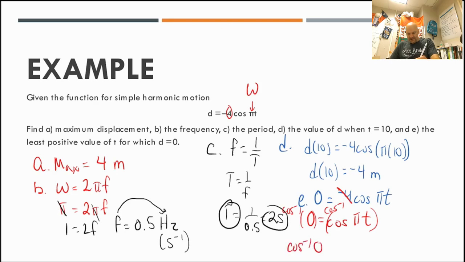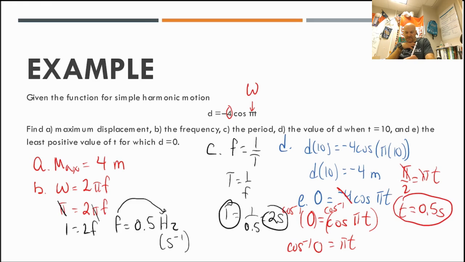So we end up with cosine inverse of 0 equals pi t. When is cosine 0? Well, at pi over 2, at 90 degrees. So pi over 2 equals pi t. Cancel the pi, and t equals 0.5 seconds.